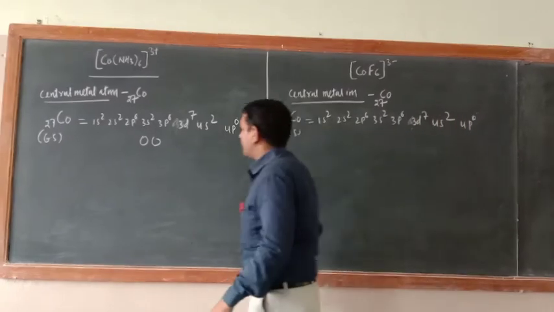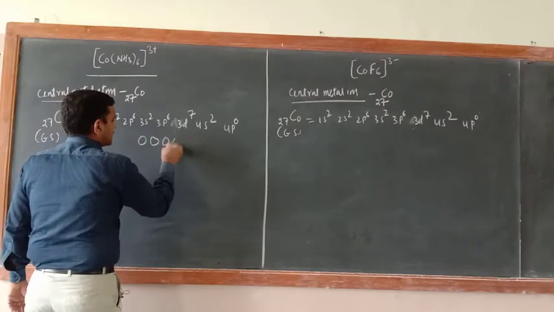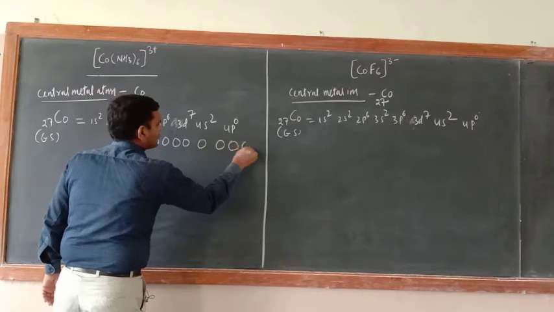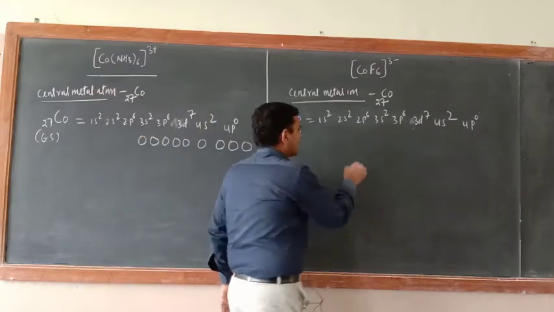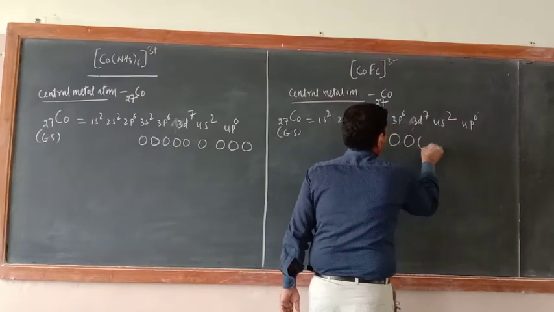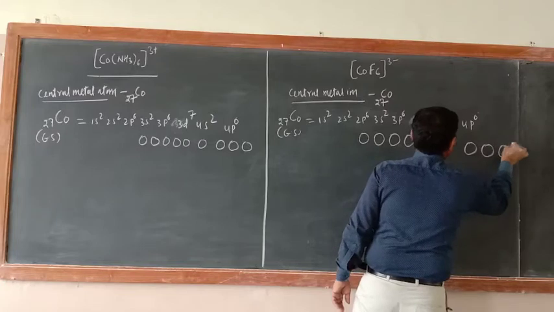Now just try to understand. For 3d, five orbitals: 1, 2, 3, 4, 5; 4s; and 4p, 1, 2, 3. Here also write 1, 2, 3, 4, 5, 4s, and 4p 1, 2, 3.